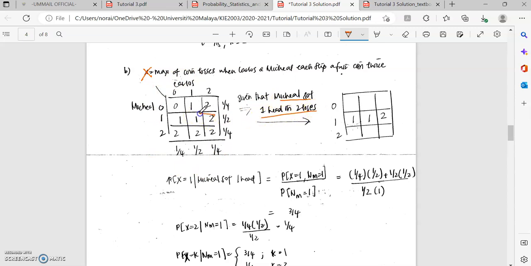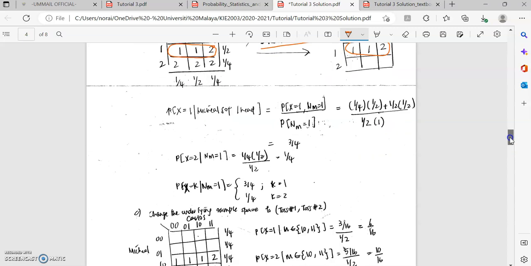So for one head in 2 tosses, this is the outcome for Michael, right? One head. These are all the possible outcomes when we condition on Michael obtaining one head. So we can get 1 or 2 as the maximum number; we don't have any other options.